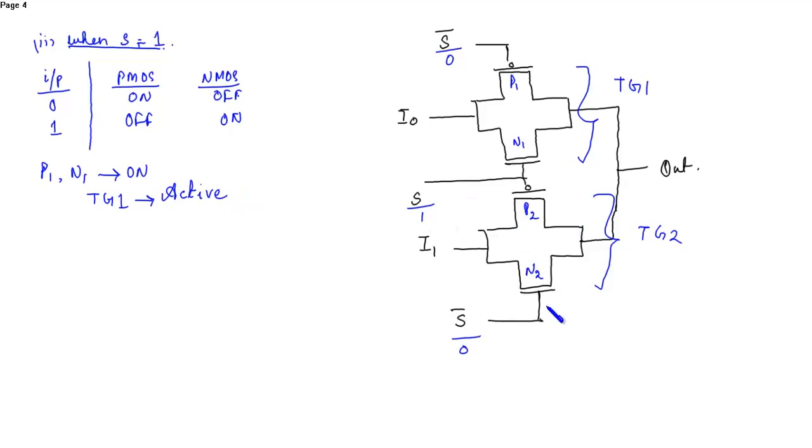while in the transmission gate 2, S is 1, that is at P2 1 is applied and at N2 0 is applied. So P2 and N2 will turn off. That is transmission gate 2 is inactive.